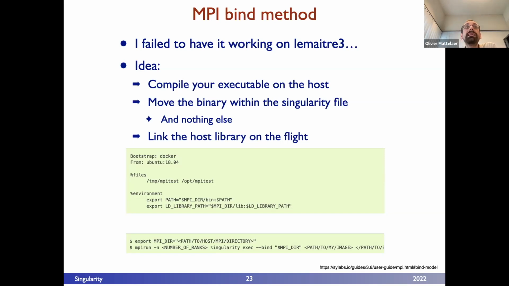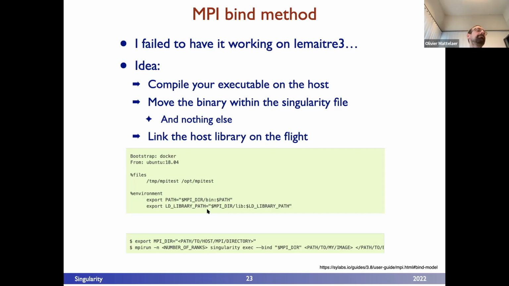The idea is to link the host libraries on the fly with this --bind method again that you can see here, and the special export LD_LIBRARY_PATH, so that you link your executables to the libraries of the system. That in principle is a bit more portable, obviously, but you still have the issue that you have compiled your code for given versions of the library, so you're not sure how compatible it is with other versions of the library. But in principle that should work.